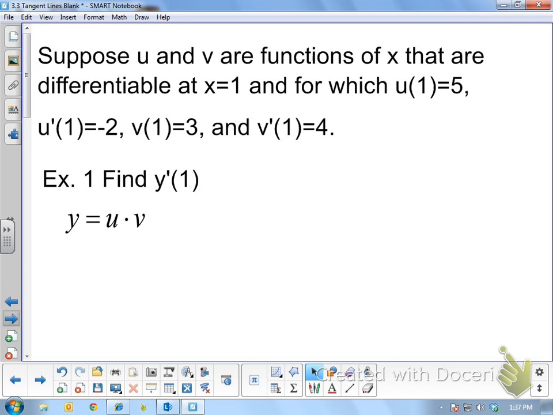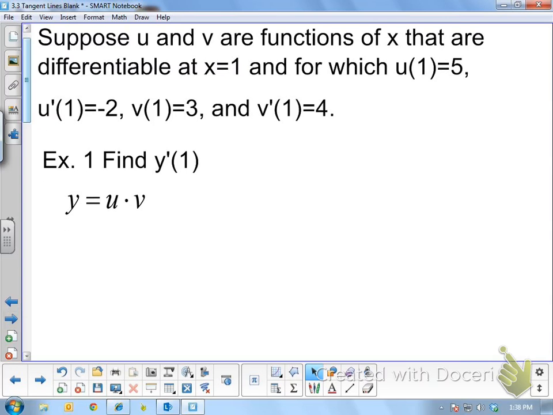So for this first example, we are trying to find the derivative of a product. What rule do we have to use to find the derivative of a product? Product rule. If we're doing the derivative of a product, we have u, we have v. What's the derivative of u? How do I say u has a derivative when I don't really know what u is?